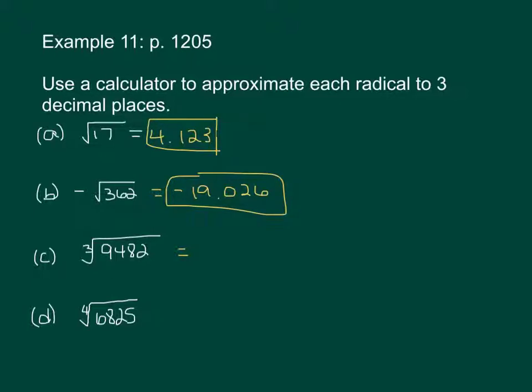C, the cube root comes out to 21.1657, so the 7 is going to round that up to a 6. And the last one is 9.0892, so it'll stay 9.089.